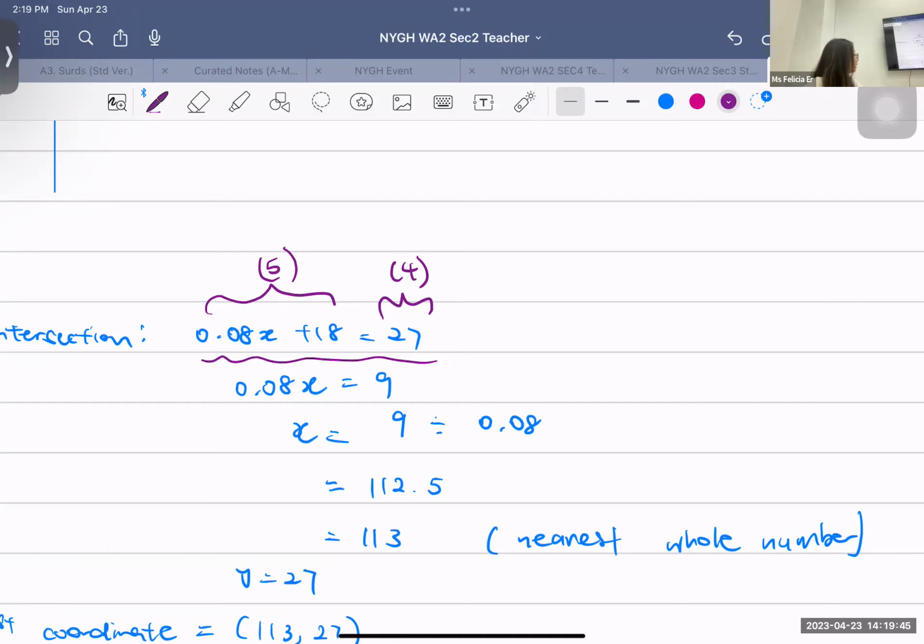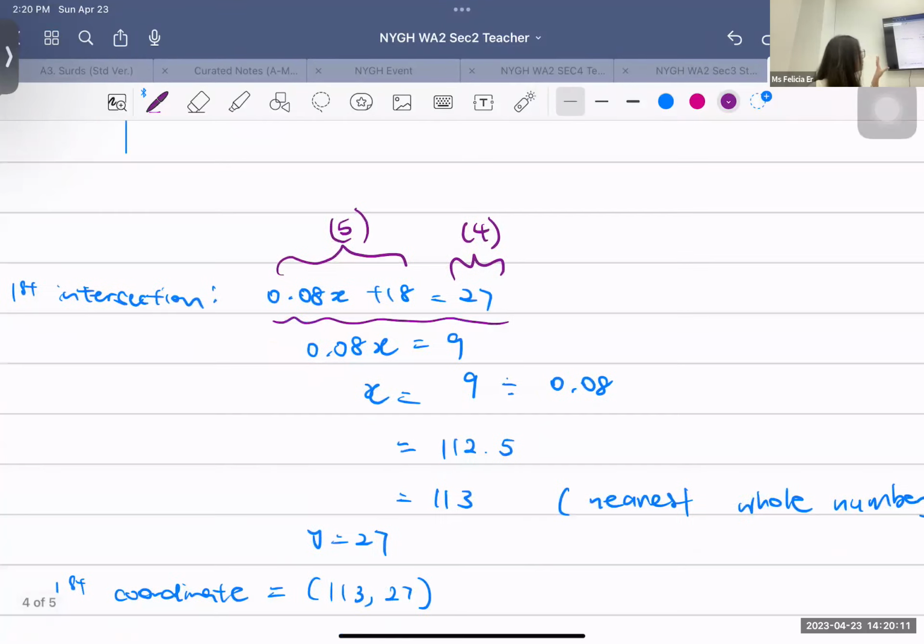Because, for example, in your part A you round off your answer to nearest whole number, but your part B requires your part A answer. And if you use the rounded off answer, your part B accuracy will be off. So for all intermediate workings, you have to make it as accurate as possible so it doesn't affect the accuracy of the later part. Do you guys understand what I'm saying?